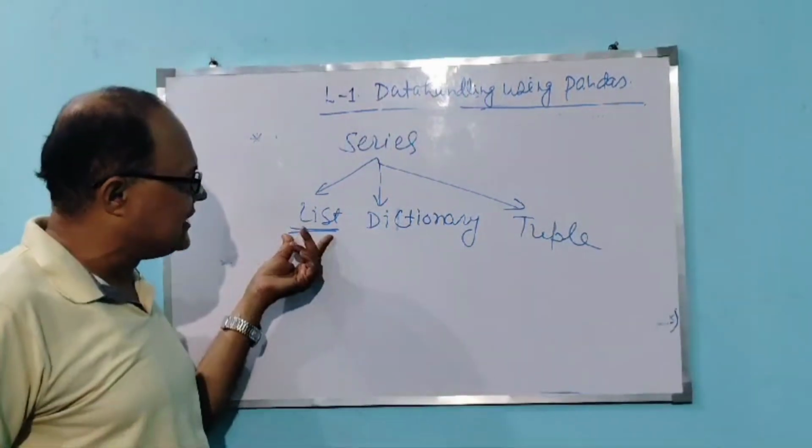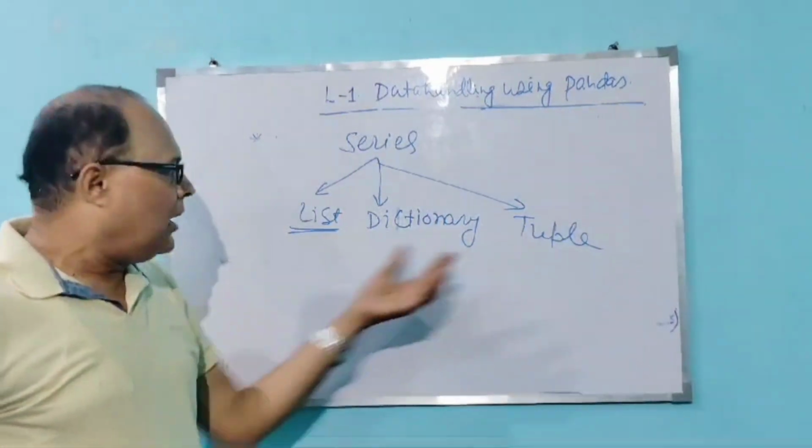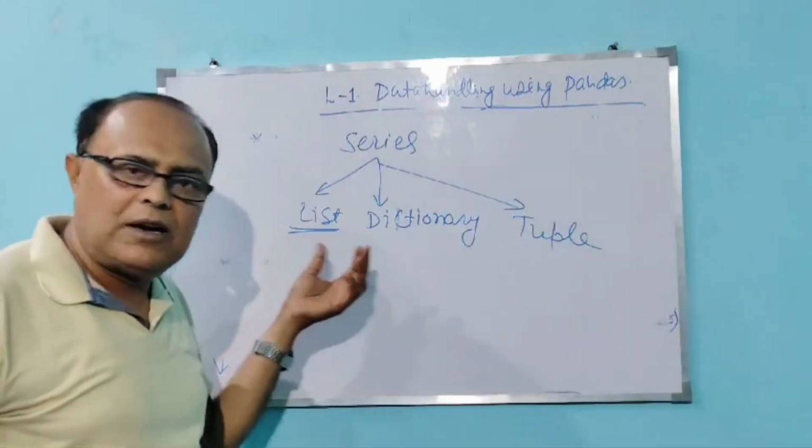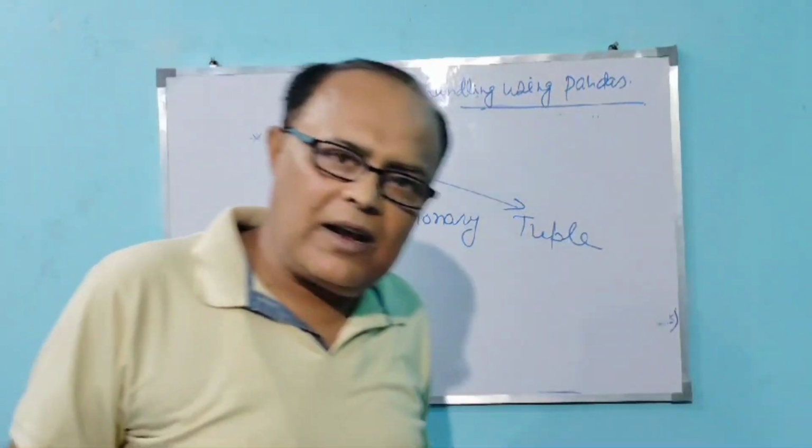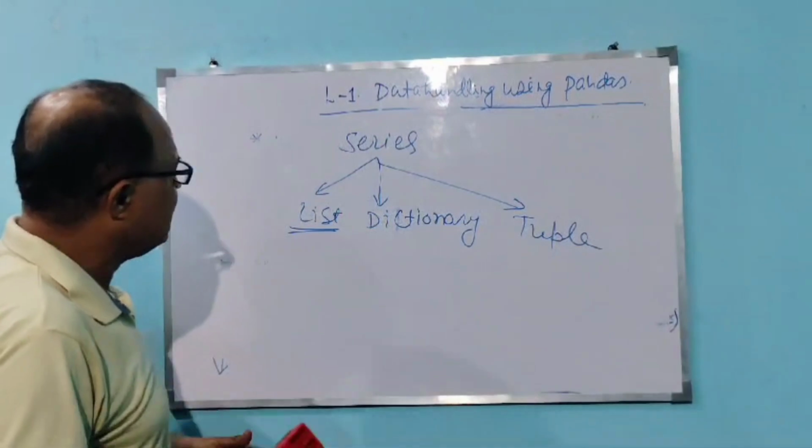You know very well what a list, dictionary and tuple are. Without any delay, how can we create a series by using a list?